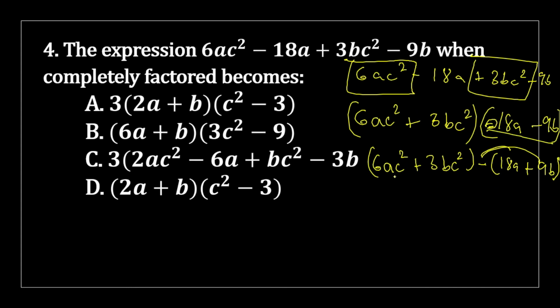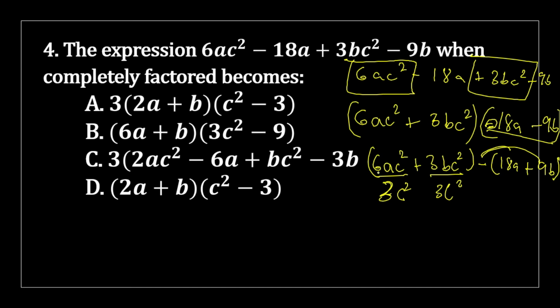Now let's check for the common monomial factor for each group. Let us start first with this. The common factor for this is 3c squared.